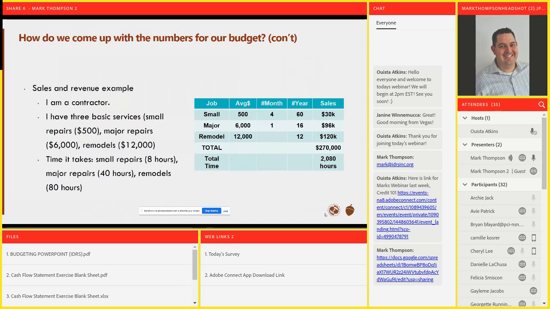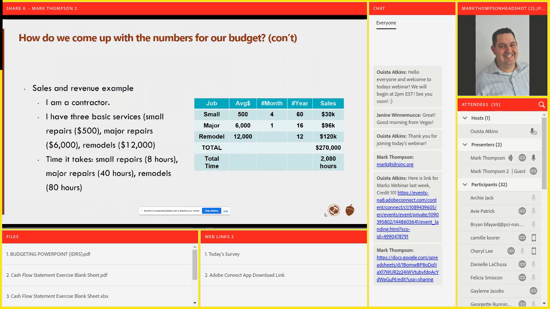Okay. So we've come up with the different costs of our different services. And then we've said, okay, how many of those are we going to do every month, right? We just kind of do an estimate. For the remodel, we don't have a number there, but maybe we think it's going to be a half of one per year.